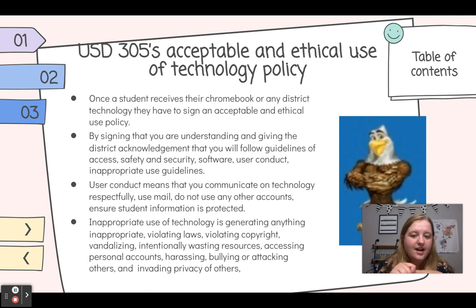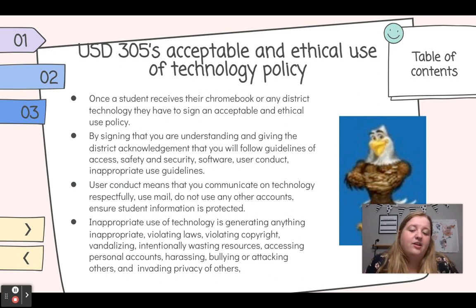User conduct means that you will communicate using technology respectfully. You will use the school mail and not personal accounts. You will ensure that your students' information is protected, and your students will ensure that other people's communications are protected.